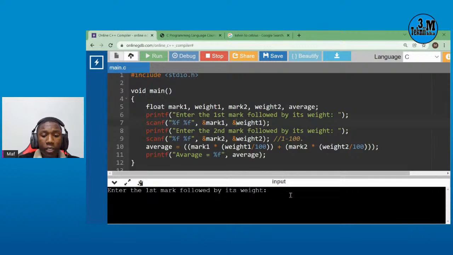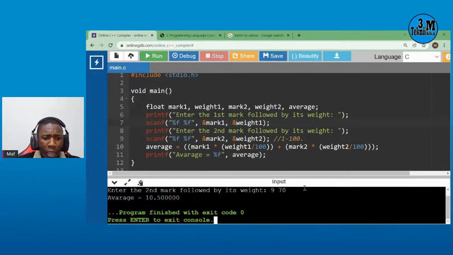So the first mark is, for example, 14, and its weight is 30, which is going to be converted into 30% here. And then the second is, let's say, 9, and the weight is 70, which is 70%.